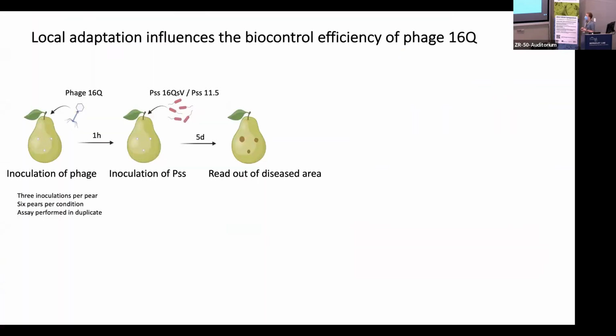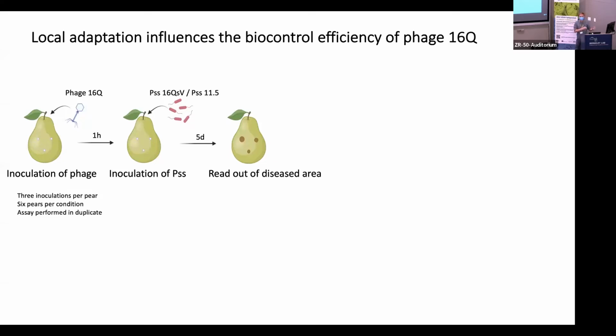In order to figure out how this local adaptation influences our phage infectivity in planta, we designed a bioassay based on immature pear fruits. We take unripe pear fruits from the tree, we surface sterilize them, and we poke literally 3 holes inside each pear, and then we inoculate our phage inside.